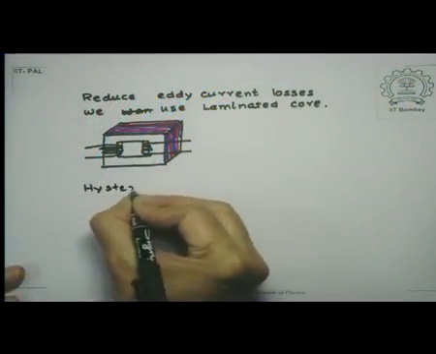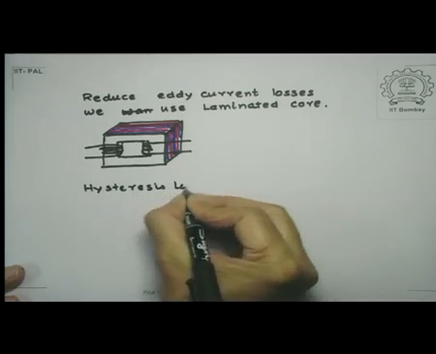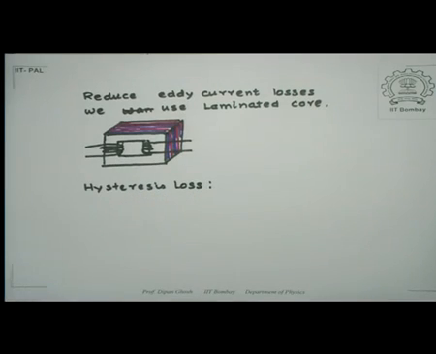The other problem which we have talked about is due to hysteresis. Now you have seen that hysteresis arises because of the remnant magnetization. Now in order to reduce it, I will not be able to go through the physics behind it, but what is done is to use soft magnetic material.